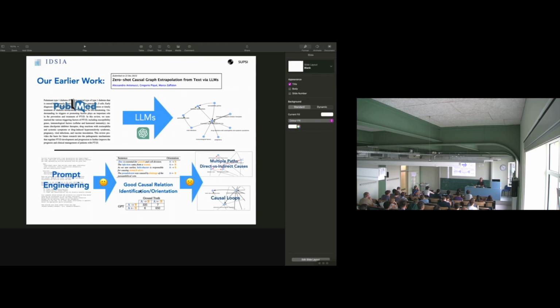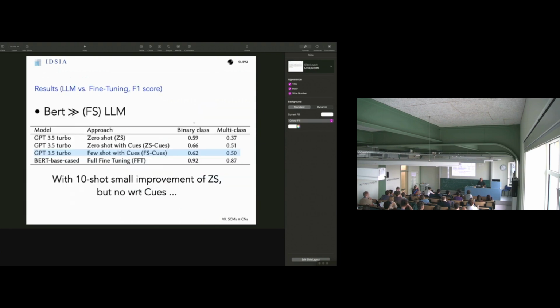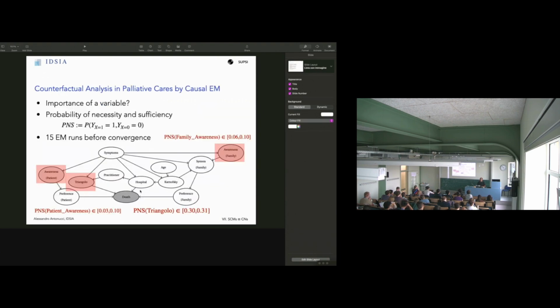Especially for this model, the extension to the continuous case is simple. I still have to write the paper. It can be done. This property of the EM is not affected by the fact that the variables are continuous, but basically are observed because of the manifest variable. So it might be extended, but we still have to do it.